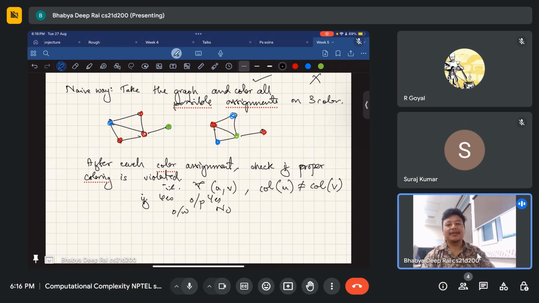We go across all assignments of colorings and check whether the coloring is ever violated.